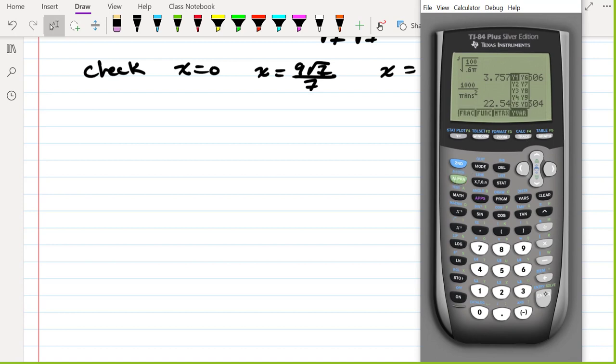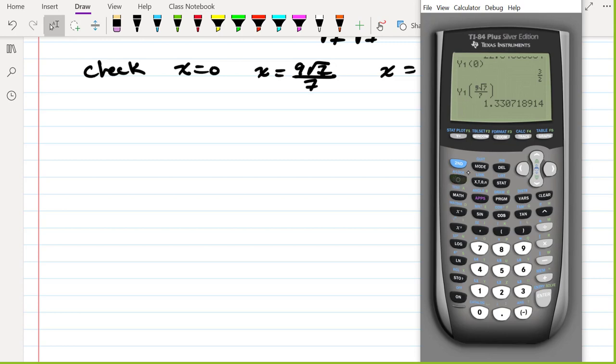So alpha trace, put in 0. Alpha trace, 9 square roots of 7 over 7. And we get this.